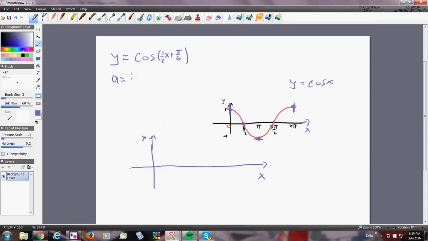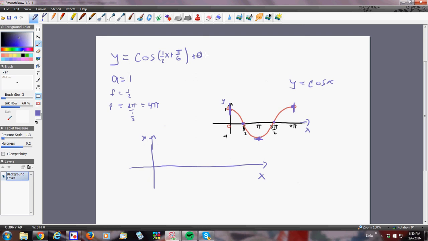you can watch that video again, and you'll see that the amplitude here is 1, the frequency is 1/2, the period is going to be 2 pi over 1/2, which is really 4 pi. And so what I said before was, once you know the period is 4 pi, and I don't have a vertical shift because it's really plus 0.